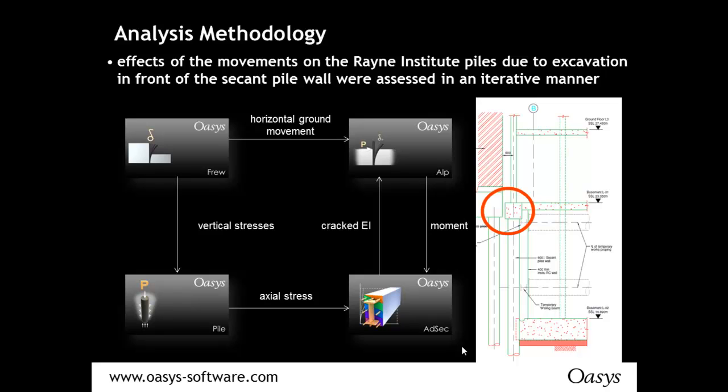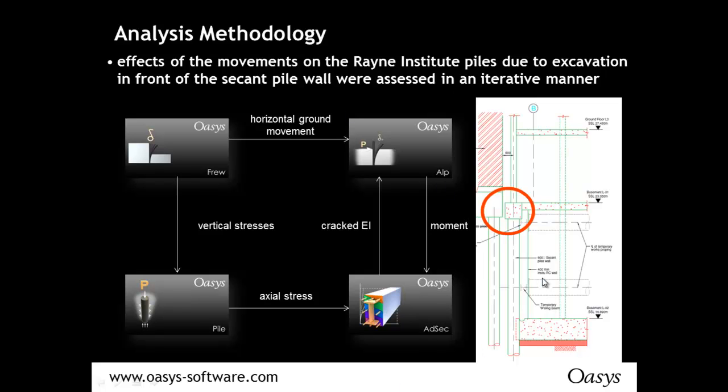But also, for the Rayne Institute piles, an analysis was carried out in Pile using the vertical stresses output from FREW. This gave information about axial stresses. And the axial stresses, again, were fed into AdSec. And so what this meant was that ALP, Pile, and AdSec were used in conjunction to analyze the Rayne Institute piles. And again, cracked EI was output from AdSec, and there was slightly iterative design between ALP and AdSec.